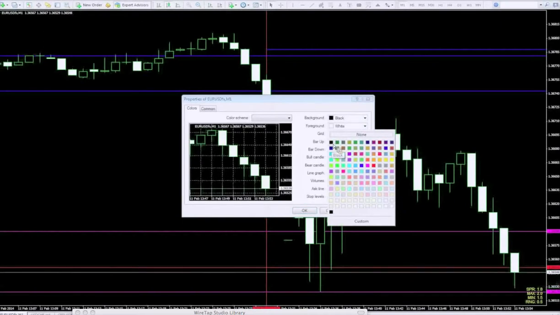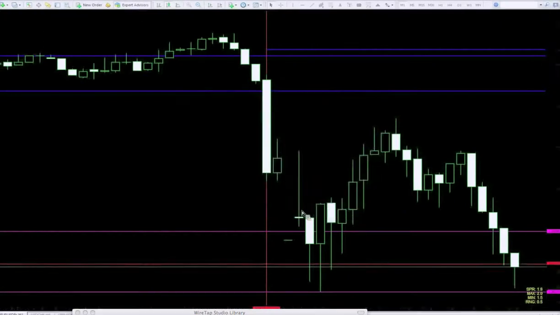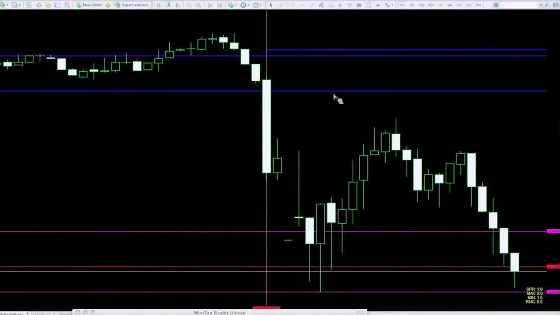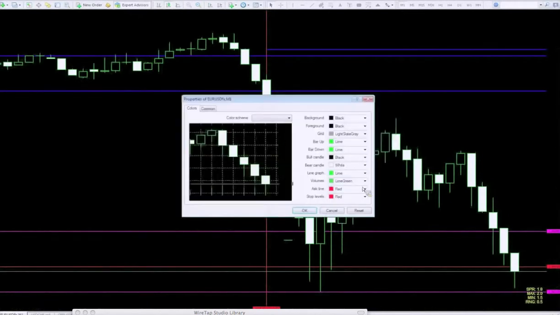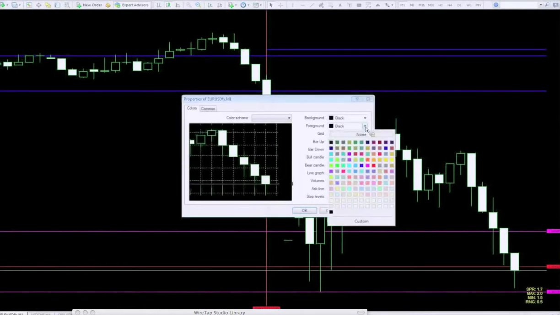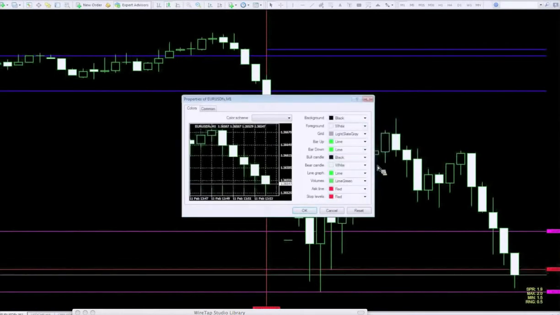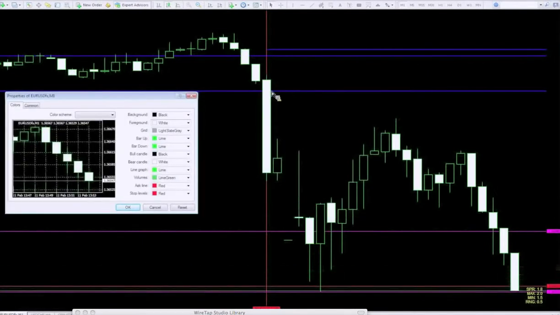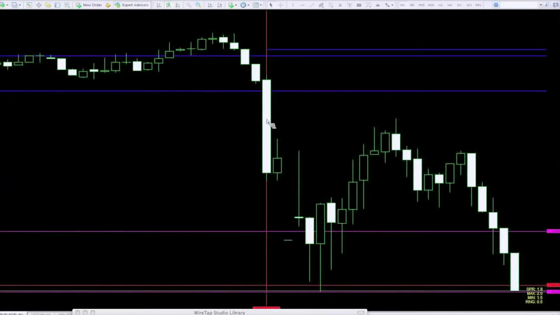This is on the background, and you guys understand what I'm trying to do. I'll have to play with that later. But this trend line I drew here is under the candle, and I actually want it to show above the candle, but I'll get to that later.